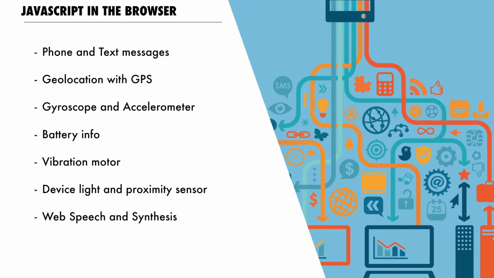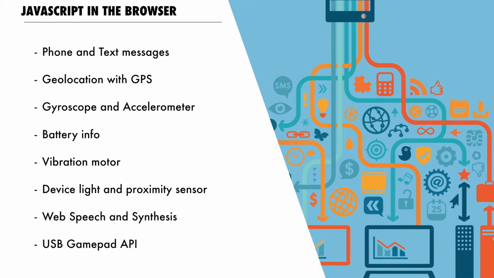And there's one very interesting one, the web speech and speech synthesis API, which you can use to read certain sentences out from the website or recognize voice commands. So if you want to build a website that takes voice commands for navigation, you can do that.